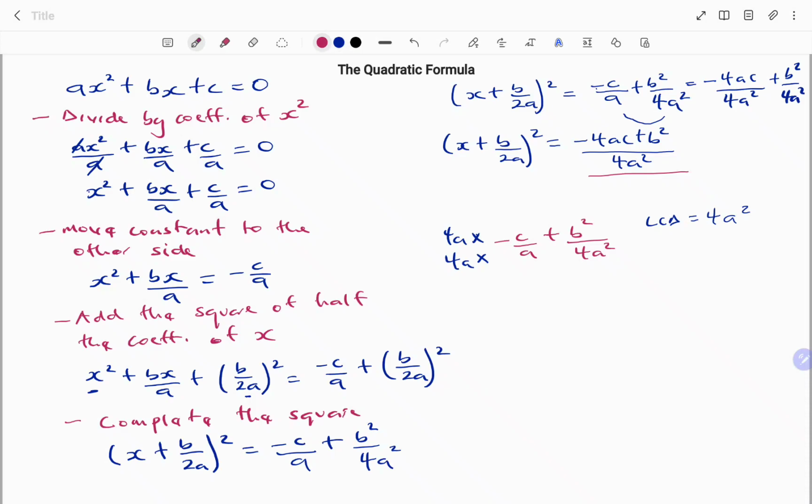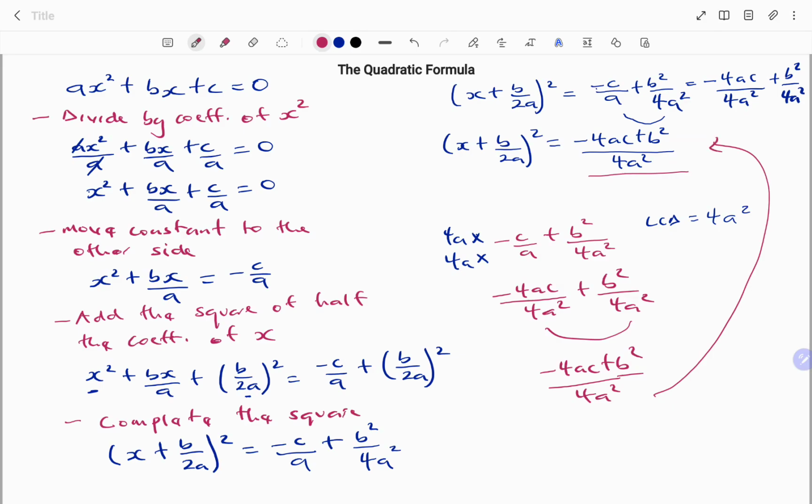If I multiply, I'm going to have at the top minus 4ac over 4a squared plus b squared over 4a squared. Now that the denominators are the same, I can put them under the same denominator, 4a squared, and at the top I'm going to have minus 4ac plus b squared, which is what I have here.